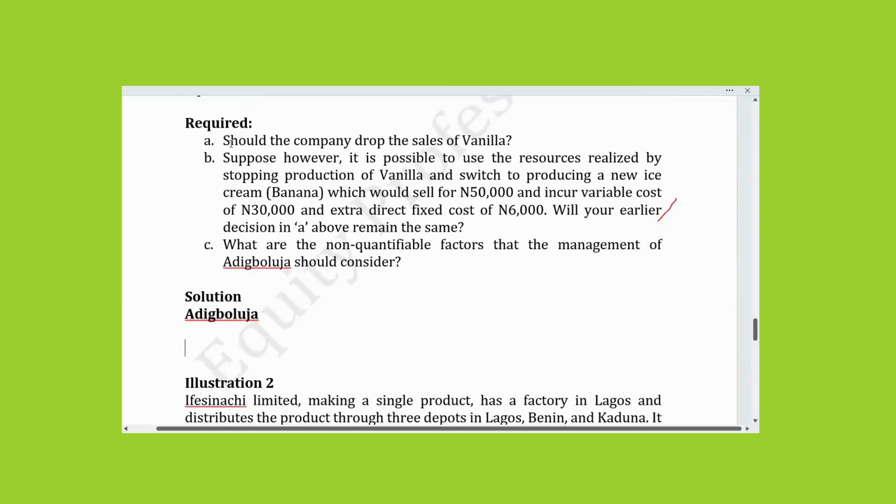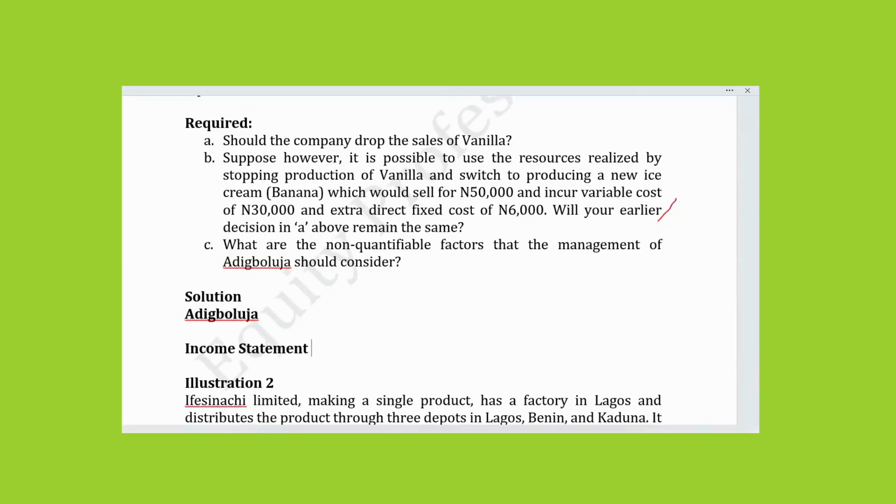In number A, the examiner was specific, you are required to advise. Therefore, after you have prepared the income statement, on the basis of that, you need to advise. I can call it income statement or contribution margin approach.